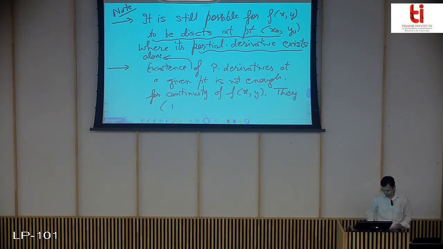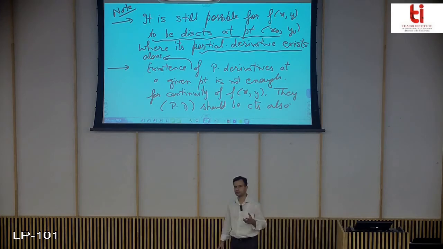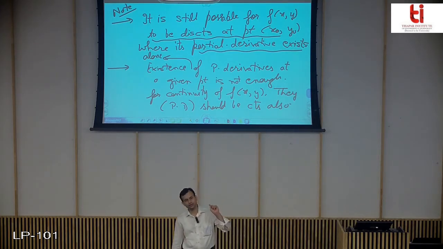They mean partial derivatives should be continuous also. This is a very important thing, that whenever we are saying that a two variable function is differentiable, it means its partial derivatives are continuous, not only defined but also continuous.